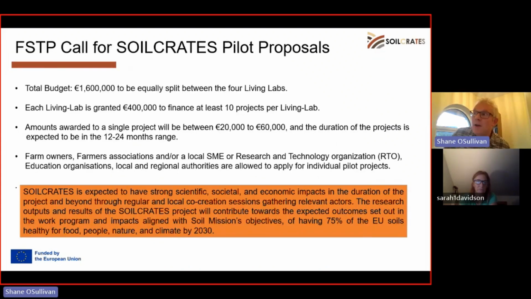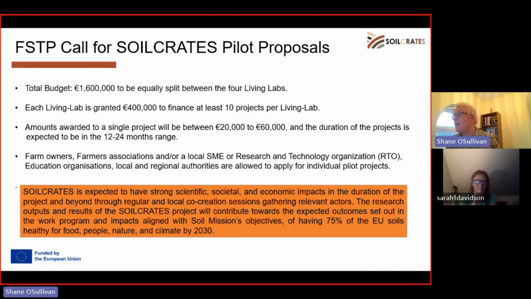For Soilcrates, we're offering a number of grants within each Living Lab. Overall, there is 1.6 million euro to be split equally between 4 living labs. There's a living lab here in the Midwest, in Limerick, Clare and Tipperary.